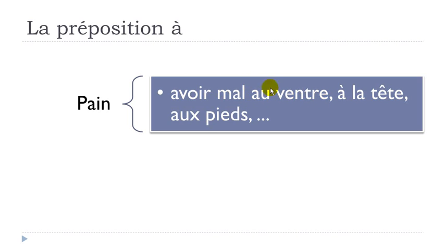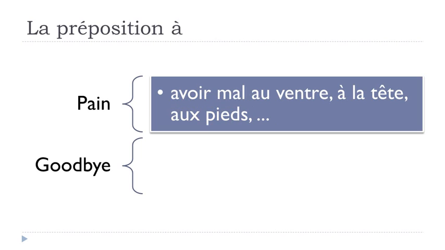Obviously this au is à plus le, so that's the reason why, ventre is masculine. If it's tête, la tête, head, headache, avoir mal à la tête, same structure. And then pied, foot, au pied, avoir mal au pied.